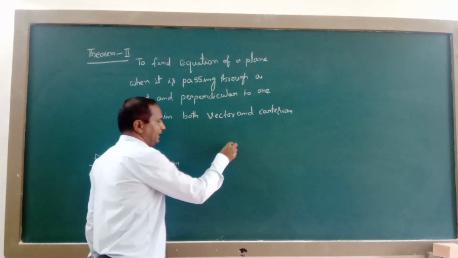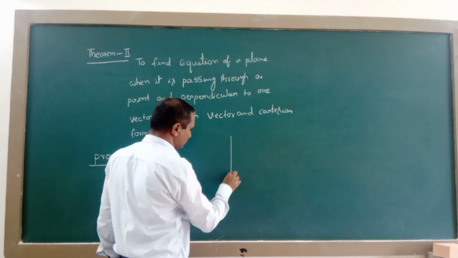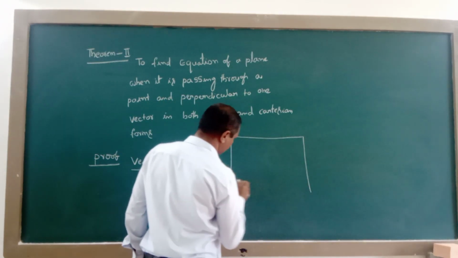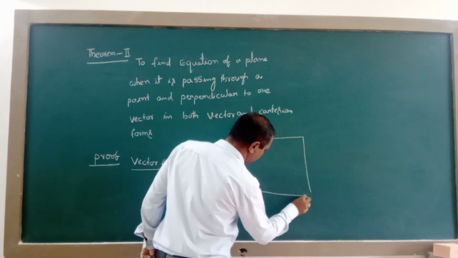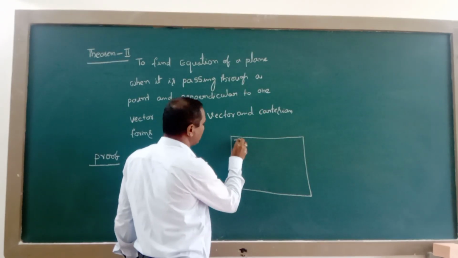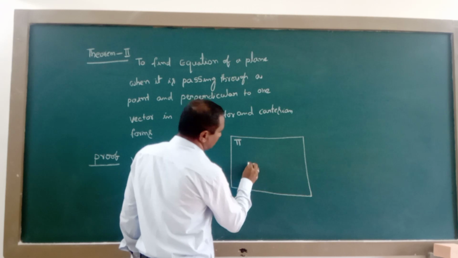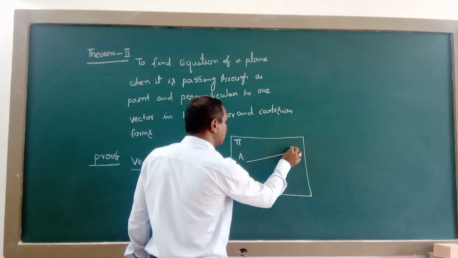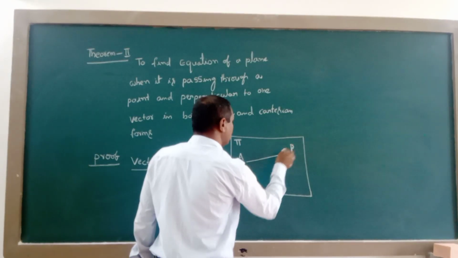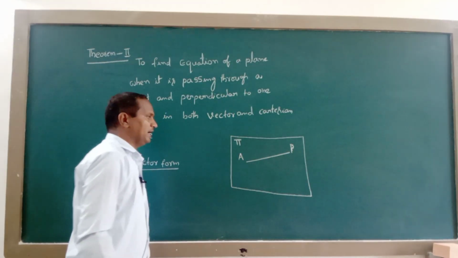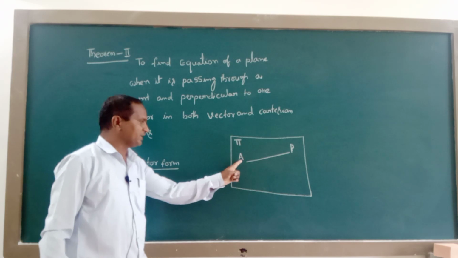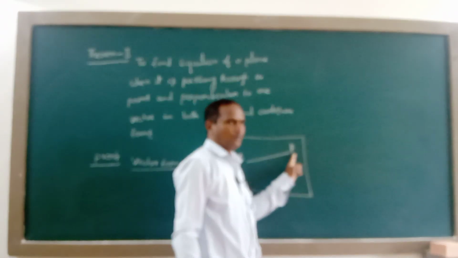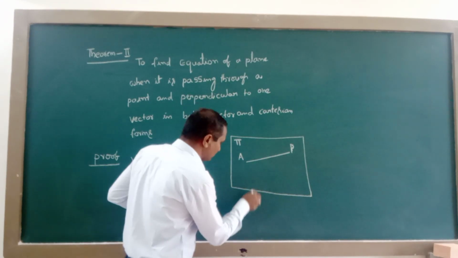See, I take one plane here, plane pi. And take one line segment AB. The plane is passing through a point, capital A. At the same time, I have taken P as a general point in the plane.